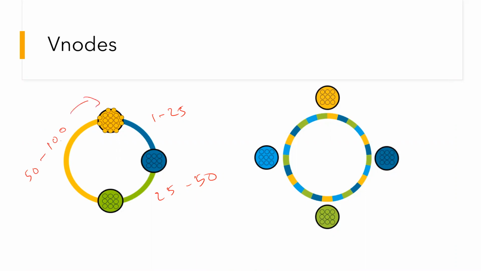Because it is always a clockwise request adherence. So in that case, the load on your one node will always be very high.